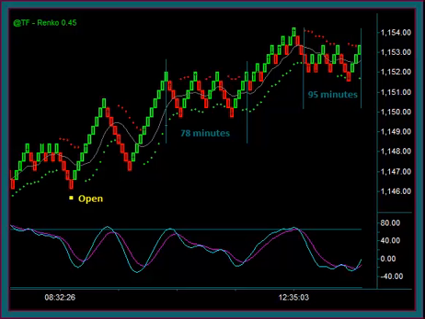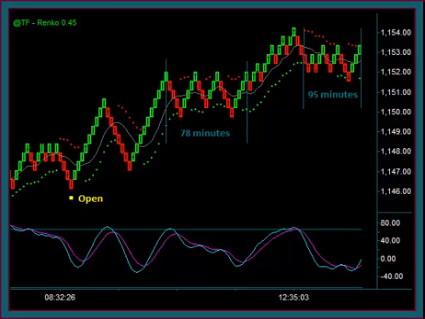Before we actually start talking about the chart and possible trades, I want to also show you this chart just to put things in context of what was really going on. So, okay, that yellow square is the open of the day.